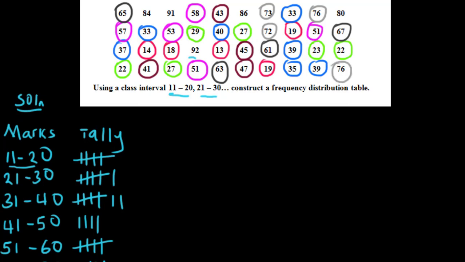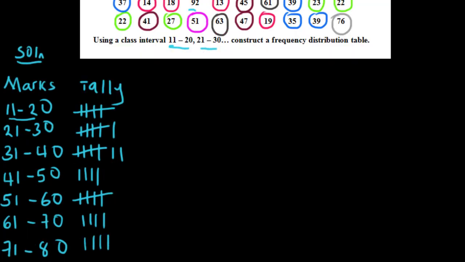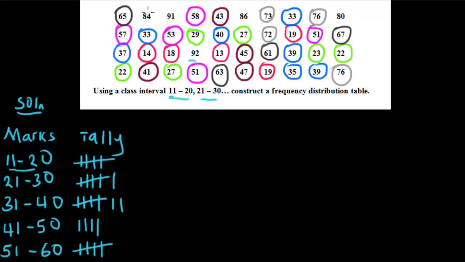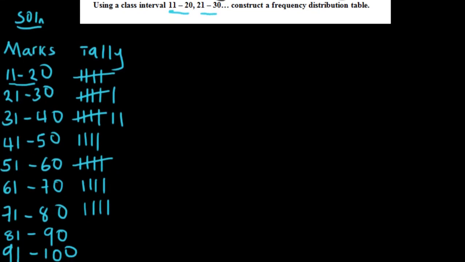We've got 4. Next is 81 to 90. We have 1, 2, 3. So we have 3.